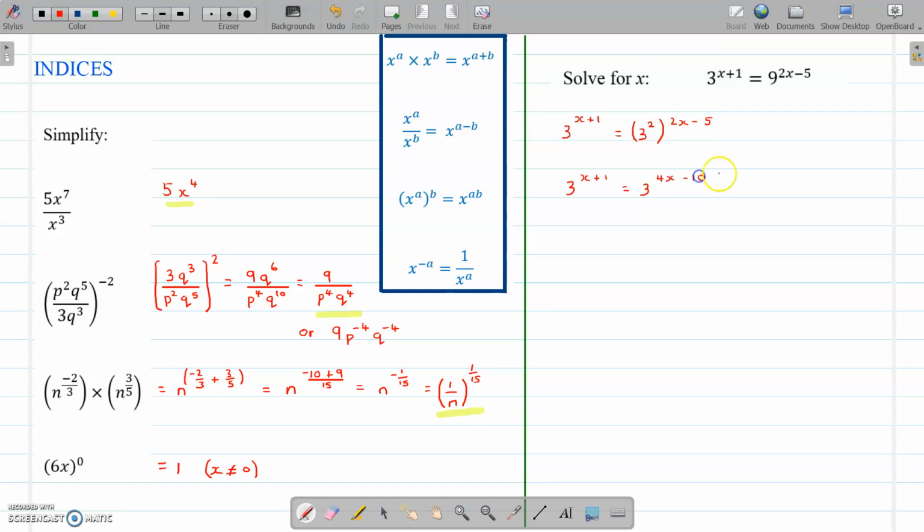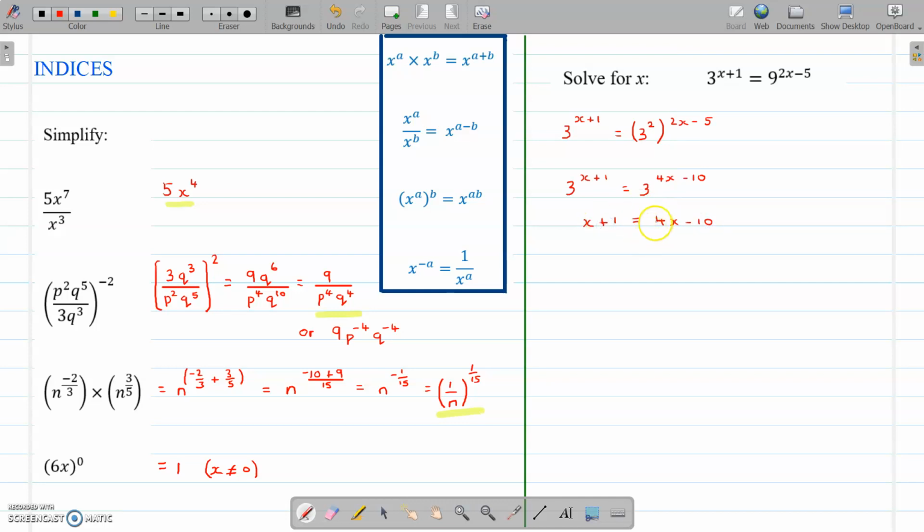Okay, and now that I've created an equation where each side is 3 to the power of something, I can remove the 3's, because it logically follows that x plus 1 must equal 4x minus 10. And suddenly I'm left with a simple linear equation to solve.